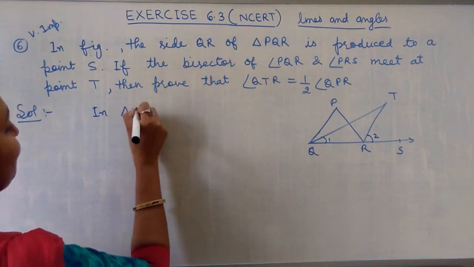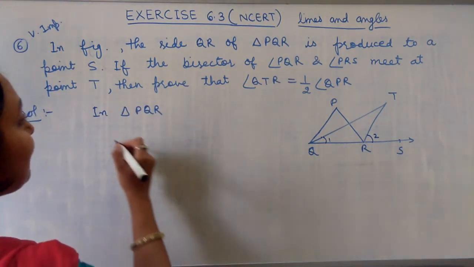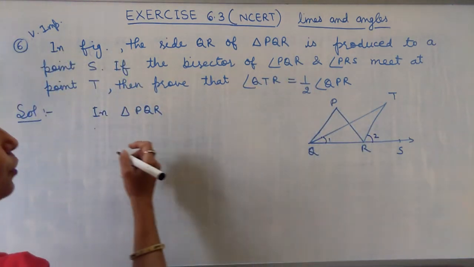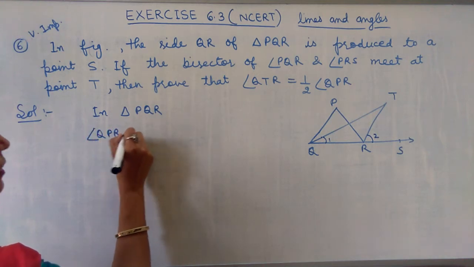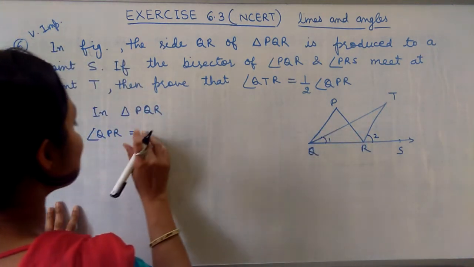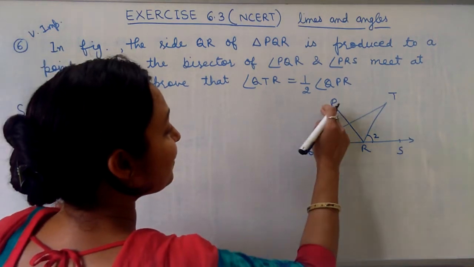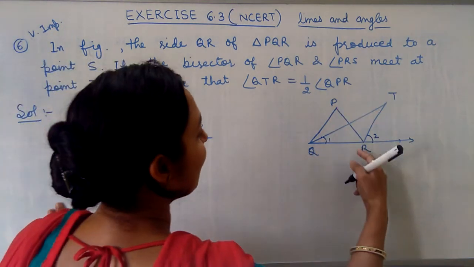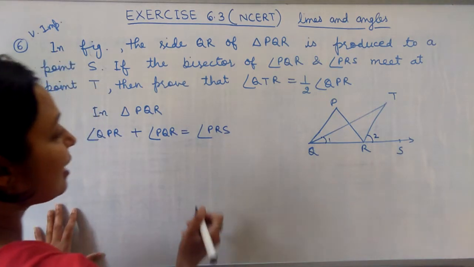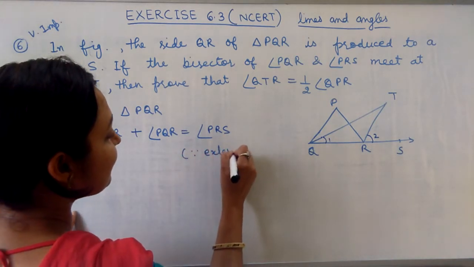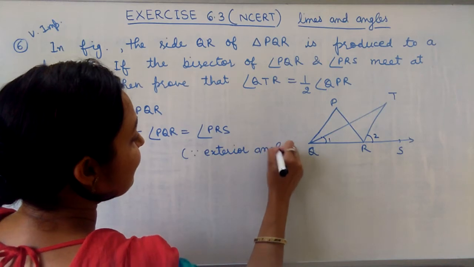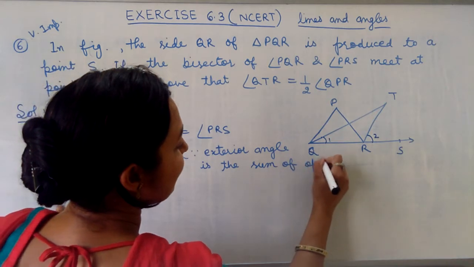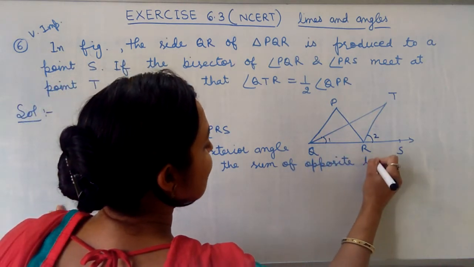In triangle PQR, angle QPR plus angle PQR is equal to angle PRS. I will write the reason: because the exterior angle is the sum of the opposite two interior angles.